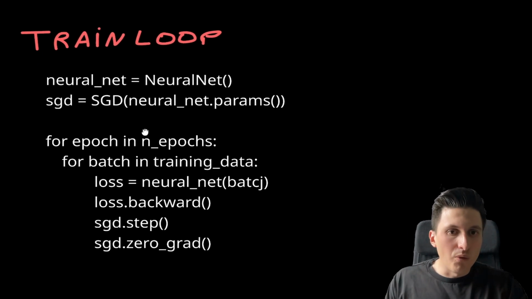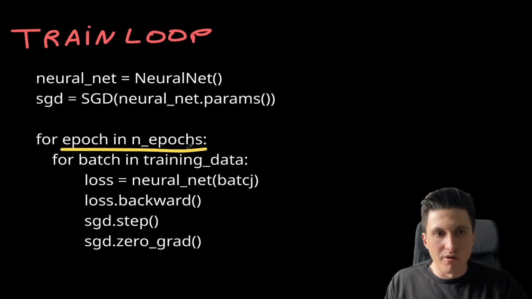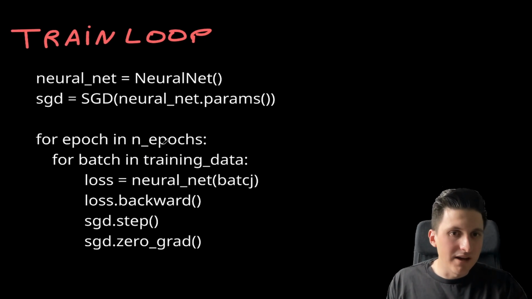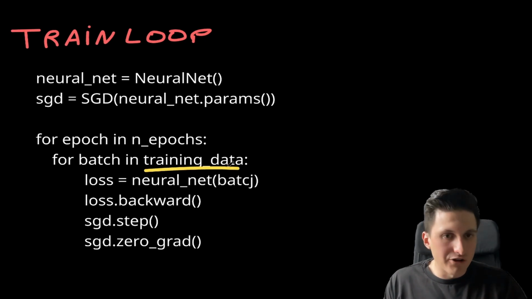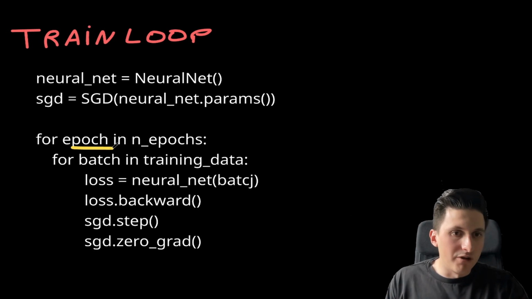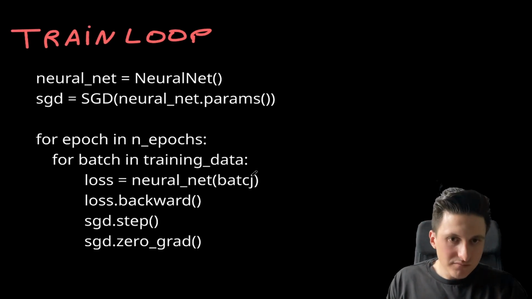And then we iterate for a certain number of epochs, and an epoch means how many times we are going to go over our entire training data set. For each epoch, we divide the training data into batches, and each batch, for example, contains 10 input images. This is called a batch.